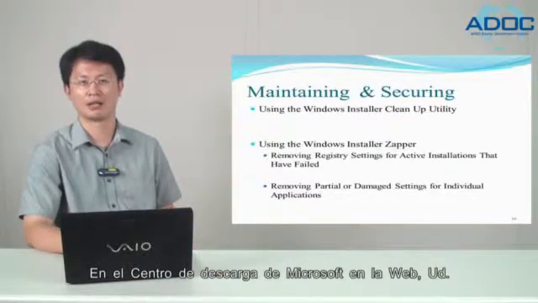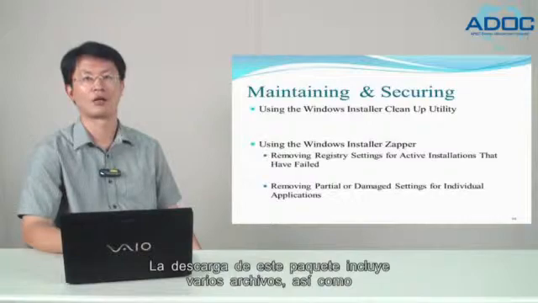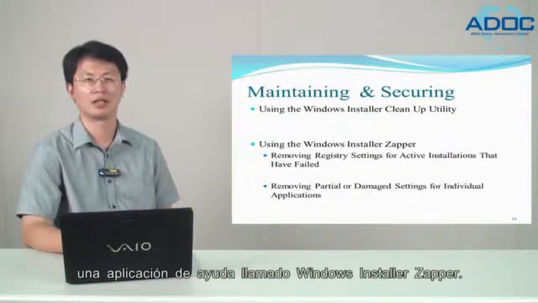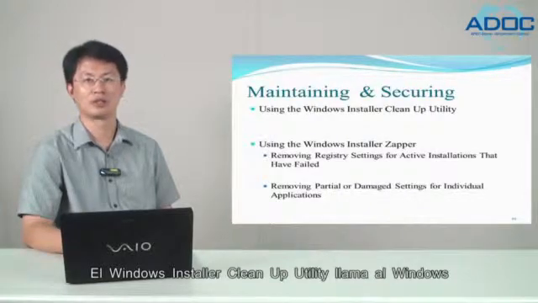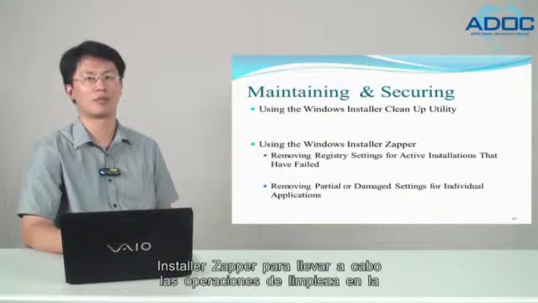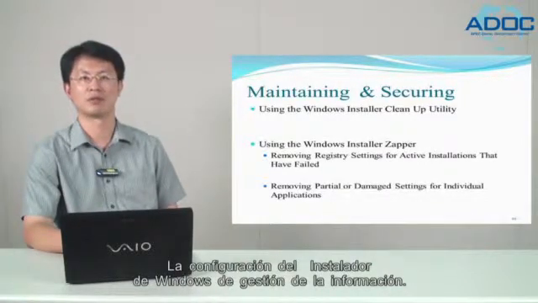At the Microsoft Download Center on the web, you will find a download package for the Windows Installer Cleanup utility. This download package includes several files as well as a helper application called Windows Installer Zapper. The Windows Installer Cleanup utility uses Windows Installer Zapper to perform cleanup operations on the Windows Installer configuration management information.